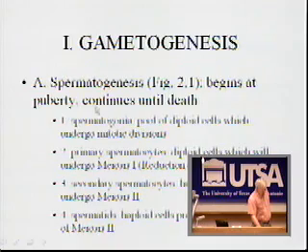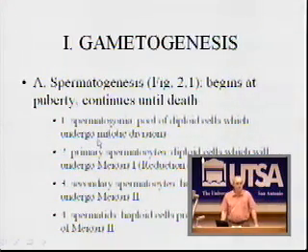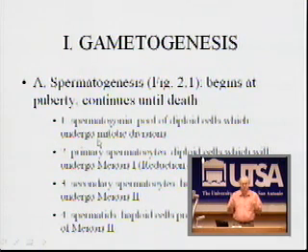So we think first of the reserve cell, the spermatogonia. These are pools of diploid cells, and they will undergo mitosis. We said before that if the reserve cells undergo mitosis, one of those two daughter cells must remain as a reserve cell.